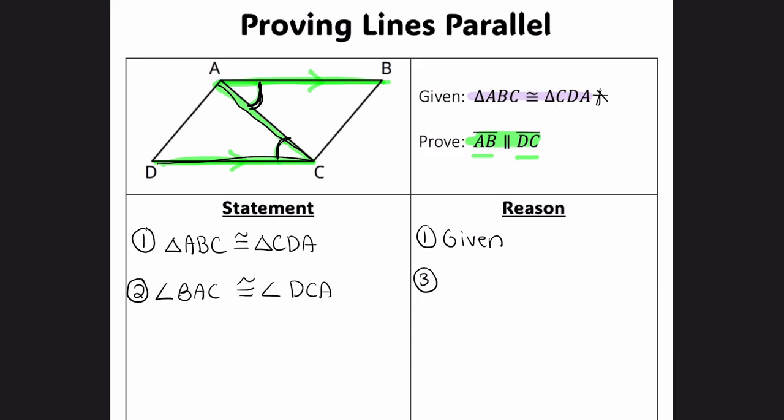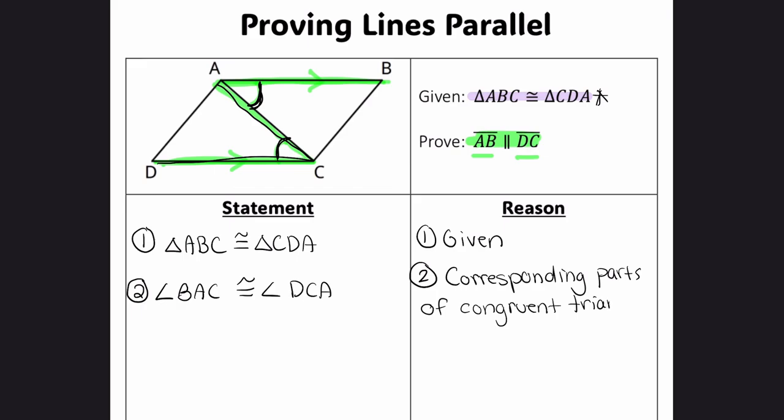I'm going to write it out because more often than not, we make mistakes when we say CPCTC. I want to make sure we understand what we're really saying. We're saying that corresponding parts, and part stands for angles and sides, of congruent triangles, which we already have, are congruent.